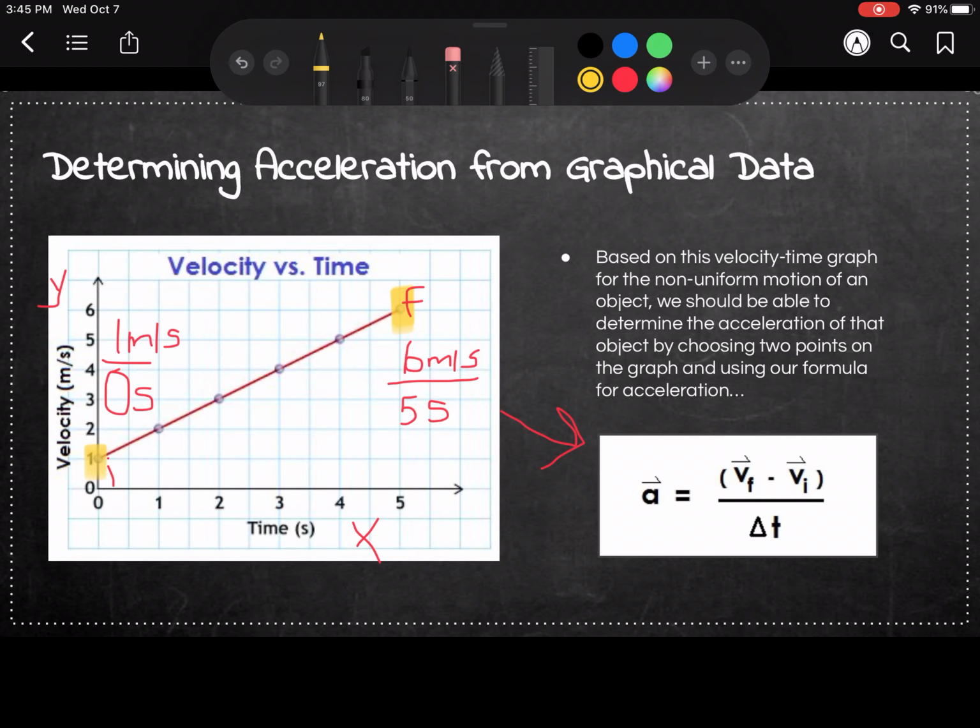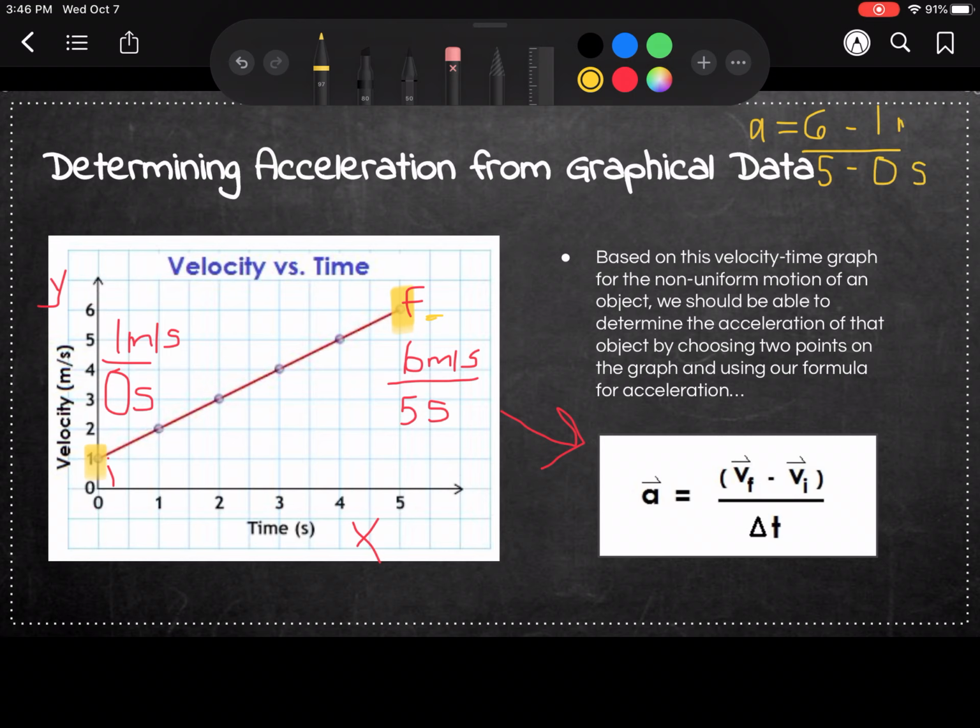So our acceleration is equal to our velocity final, which we know is right here, that is 6, minus our velocity initial, which we got as 1, all divided by our time final, which is 5, minus our time initial, which is 0.